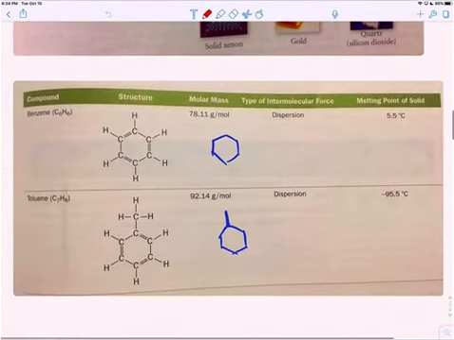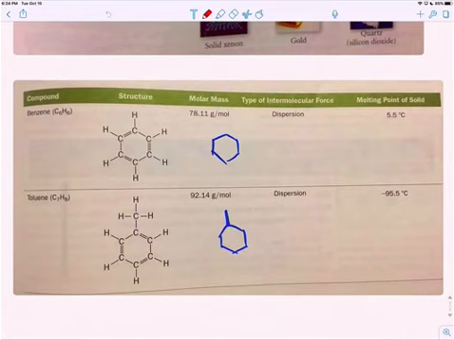Okay, and let me talk about benzene and toluene. I've drawn it this way, and there is a break in here. Benzene has a melting point of 5.5, and toluene has a melting point of close to negative 100 degrees Celsius. Generally speaking, though, the more massive something is, the higher the dispersion forces.